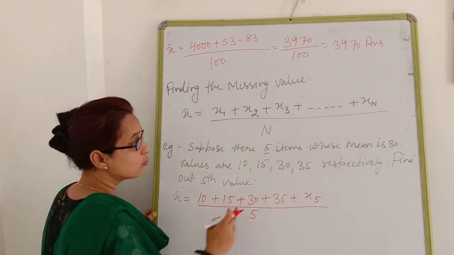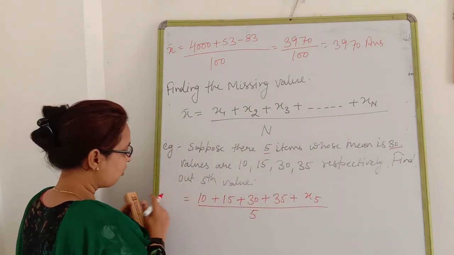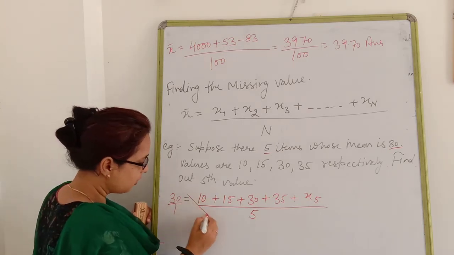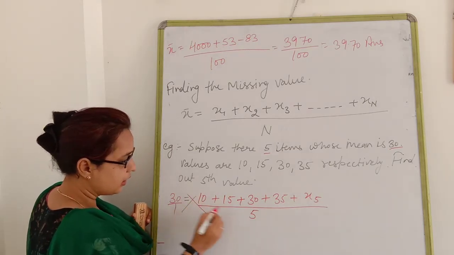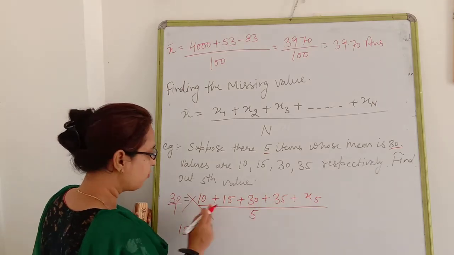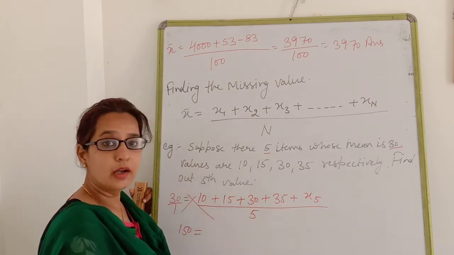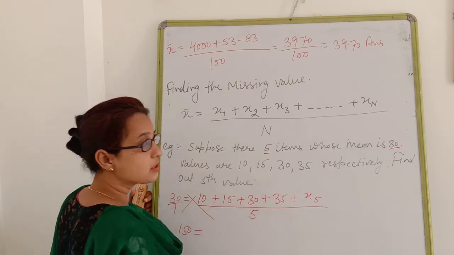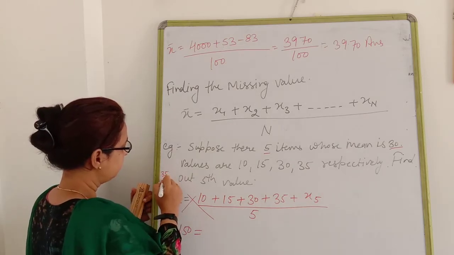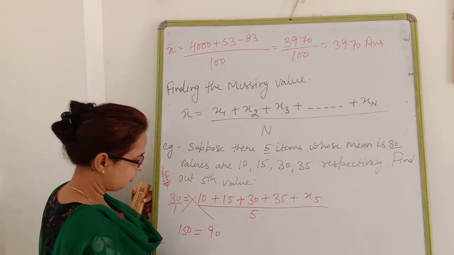X bar is also given in the question, that is 30. So use that x bar also, 30. Clear? Now cross multiply. 30 into 5, 150, equal to, add all of them. 10 plus 15, 25, 25 plus 30, 55, 55 plus 35, 90. Clear?